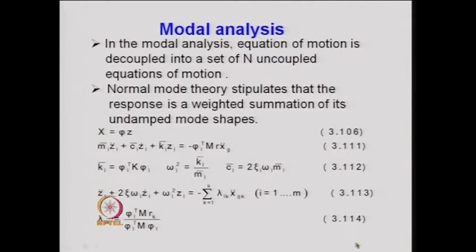Here lambda I k is defined as phi I t multiplied by m into r k, where r k is the kth column of the R matrix, divided by phi I t m phi I. That is the definition of lambda I k. It is support dependent, that is, it has an index k.